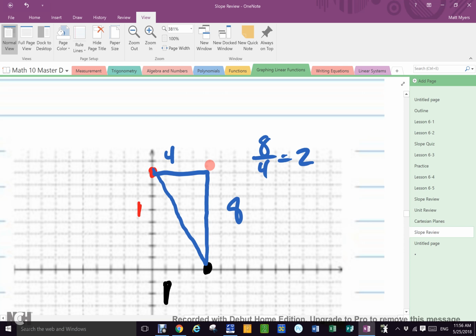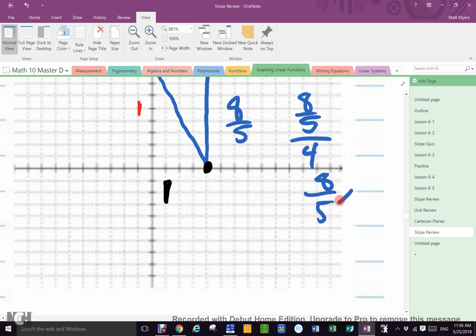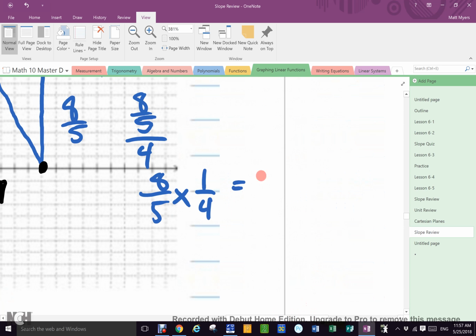What was my actual rise? 8 fifths. So it was actually rise 8 fifths divided by run, which was 4, which is 8 fifths times 1/4, which means the slope is 8/20.